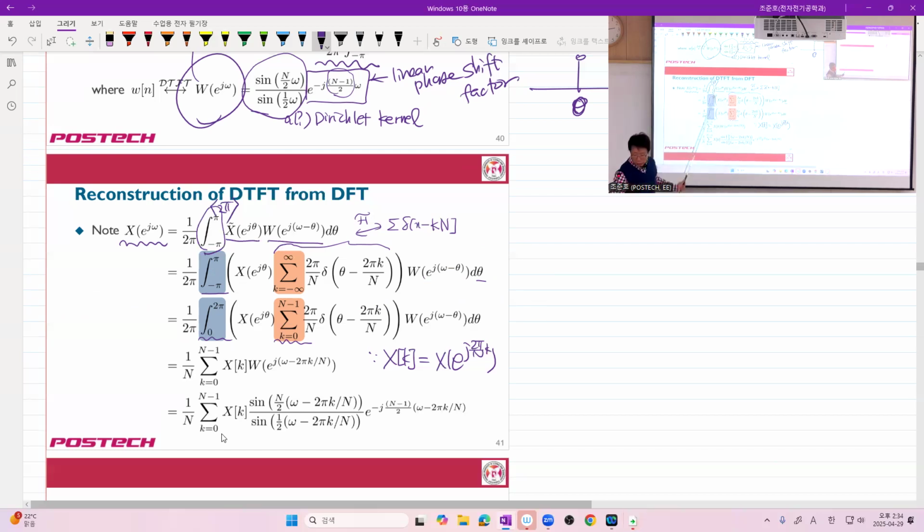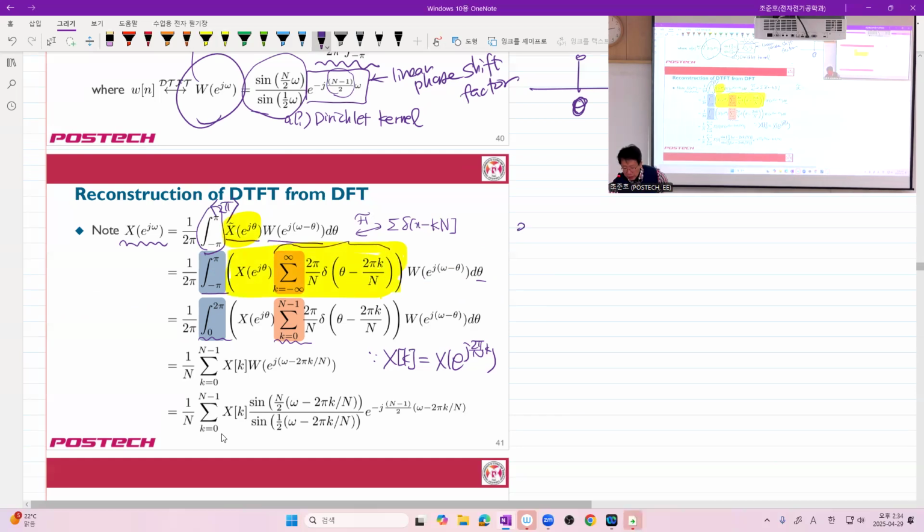By the way, it's very confusing, but this one is that one. Now you clearly see you have W e to the j omega minus theta. By the way, from this line to that line is the most difficult part, but actually it's not.